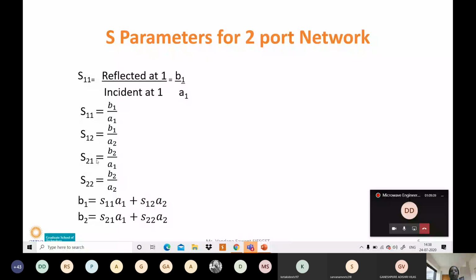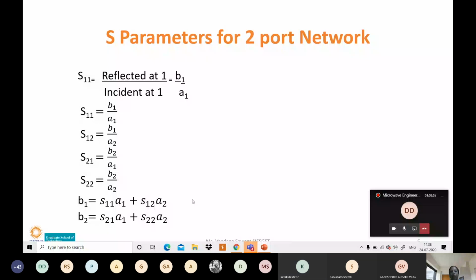Similarly, B2 is due to S21 A1 and B2 is also due to S22 A2. It is not necessary that we will always meet the situation where input is given from both sides. There are some situations where we need to give the input from both sides, but these are very rare situations. Okay. So we'll move further.